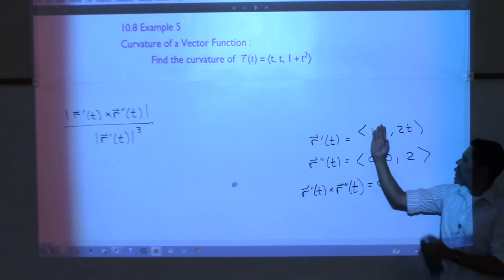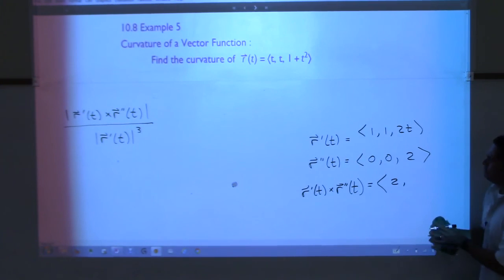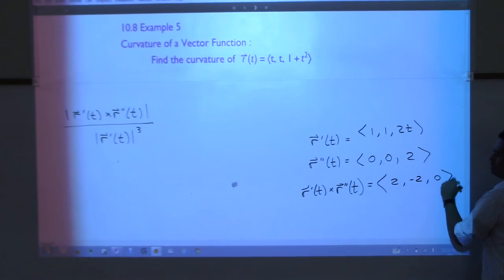My first component is 2. Second component? Negative 2. Third component? 0. I like that. What's its magnitude? It's this squared plus this squared, and then root. So root 8.